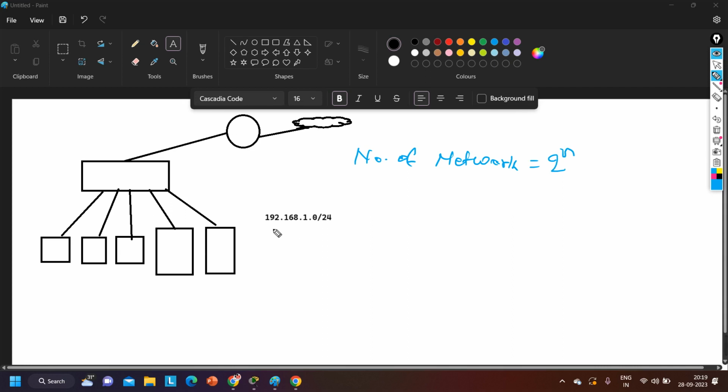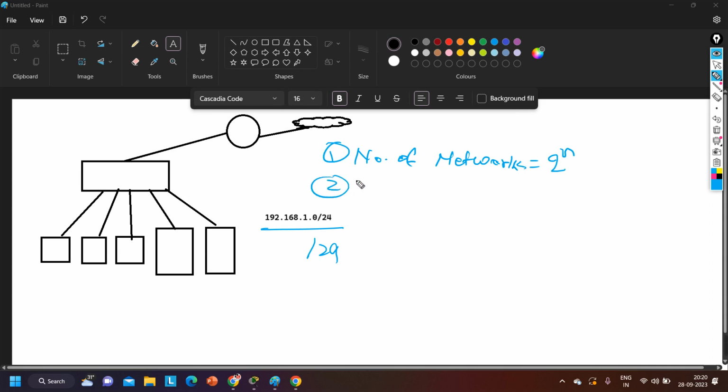By default there are 24 network bits for class C, and if we use /29, that means 5 bits have shifted from the network portion to the host portion. So this is the first formula, number of networks.